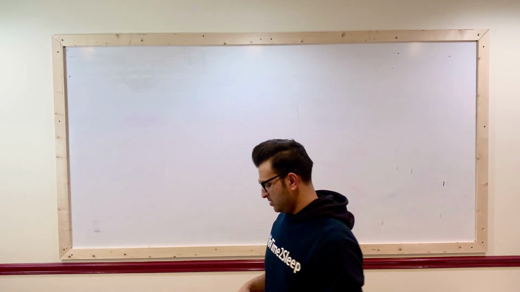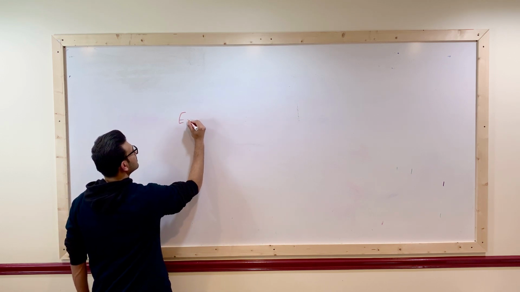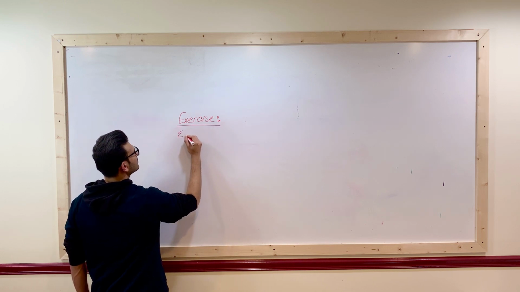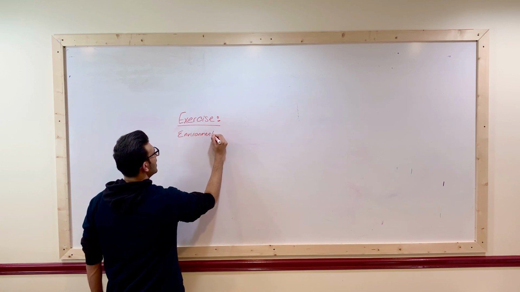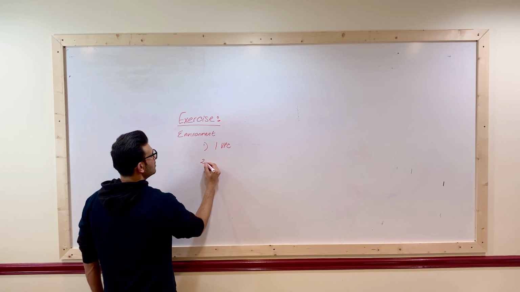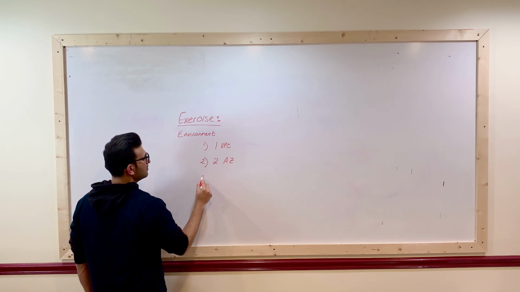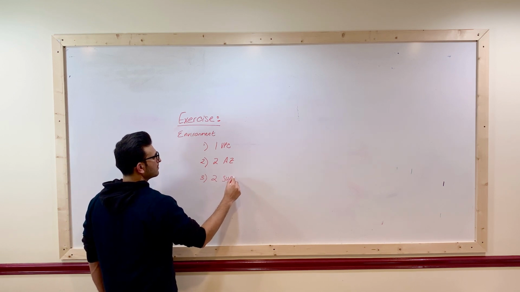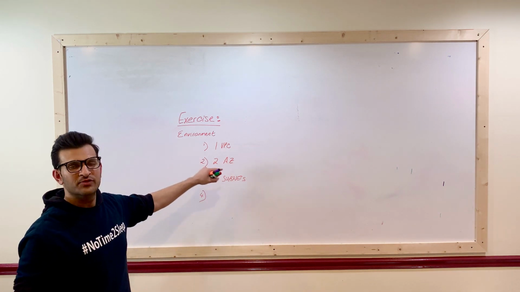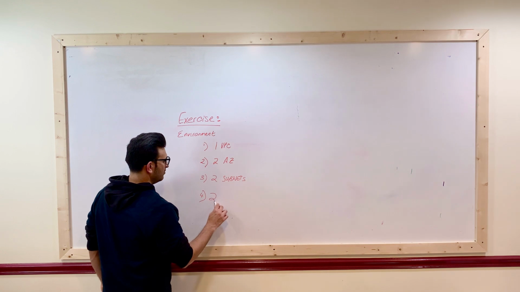So here we go. My question to you is, I want an environment that has one VPC, two availability zones, two subnets, two instances.